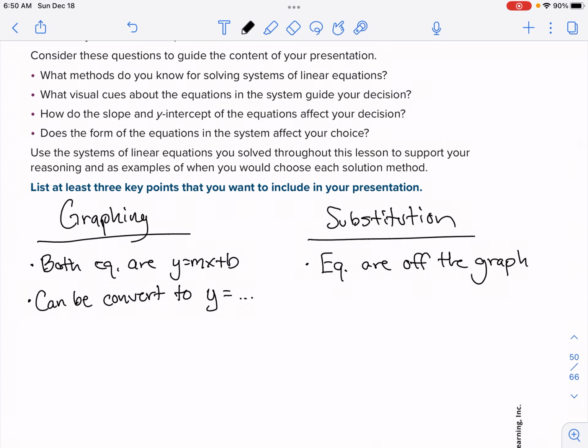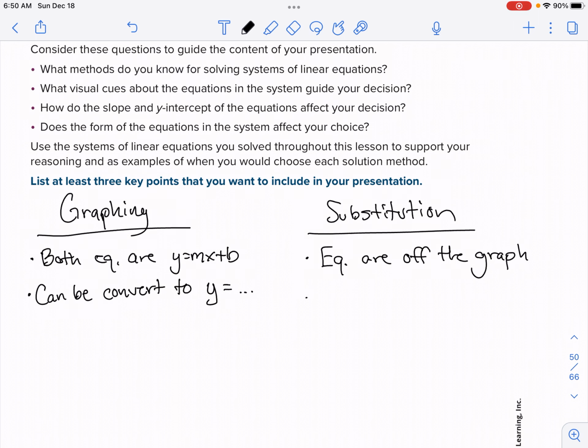The substitution method, this is best to use when one or both equations can be solved for, where we have x equal to, or we have y equal to, and I can find the value for x and y and substitute that into the other equation. So, right, that's why we can use this when they're both in slope-intercept form.